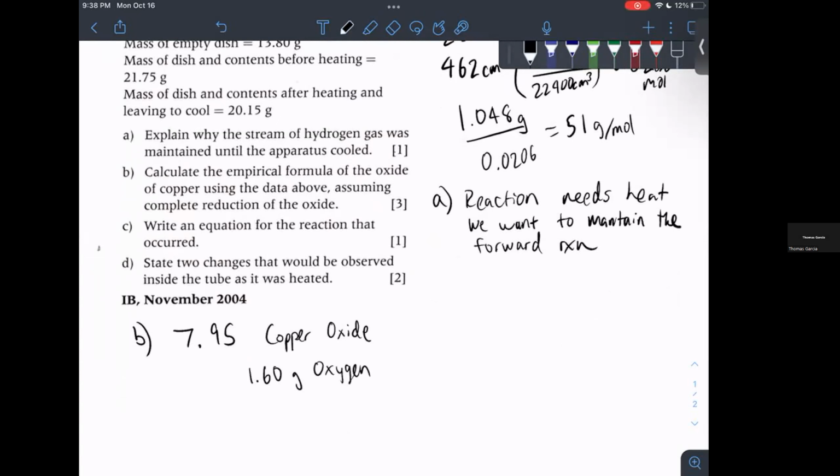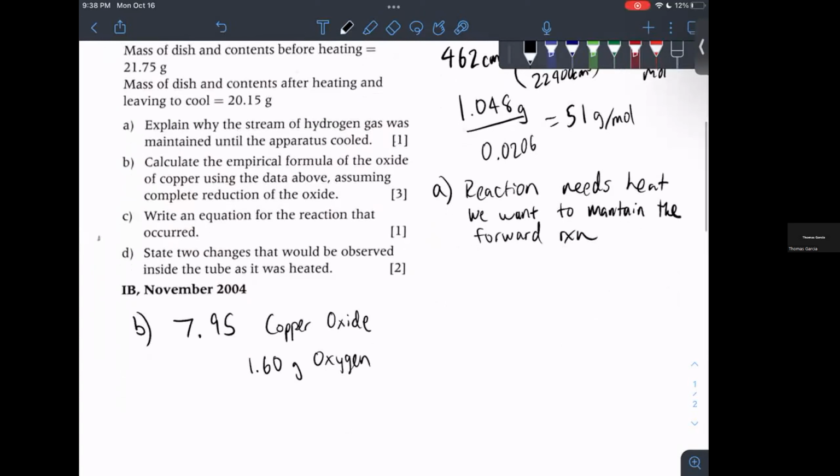From here, we can figure out how much was copper by just doing 7.95 minus our 1.6. So we know that we actually had 6.35 grams of our copper, Cu.